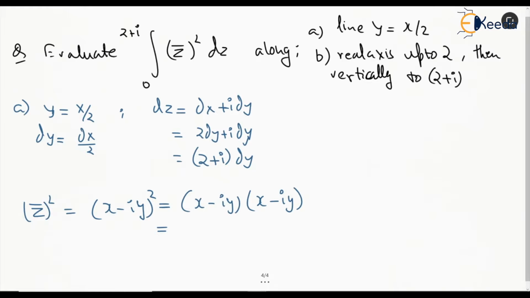So definitely we are getting x square, y square, and i square will become minus 1, so minus and minus will become minus. So this is x square minus y square, minus i 2xy, which means this is the real part and this is the imaginary part, right? So this is z conjugate square. Now we'll try to integrate this.